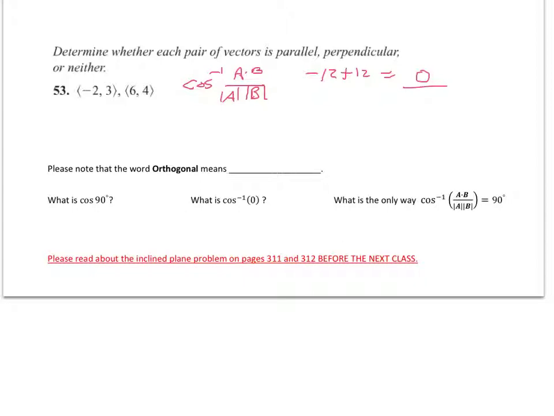It is 90 degrees. So these are perpendicular. Now, for whatever reason, there's a special name when you're dealing with perpendicular vectors, and that name is orthogonal. So if two vectors are orthogonal, that just means they're perpendicular.